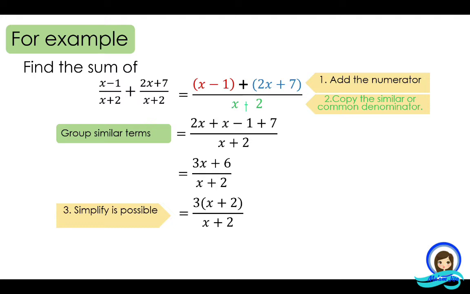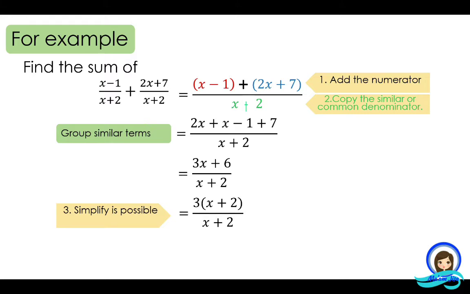The next step is to simplify if possible. As you can see, quantity 3x plus 6 can be simplified further. If you look into 3x and 6, the common factor is 3. So we can factor out 3, and then what remains is the quantity x plus 2. If you want to recheck, 3 times x is 3x and 3 times 2 is 6.